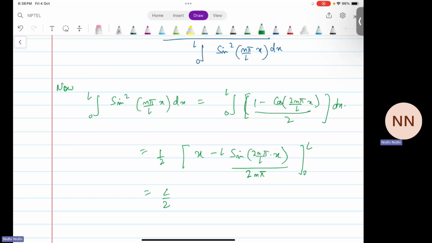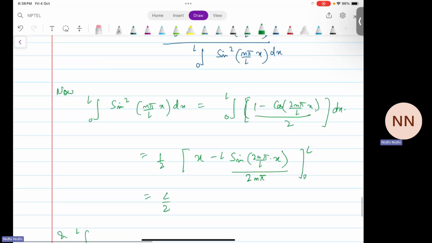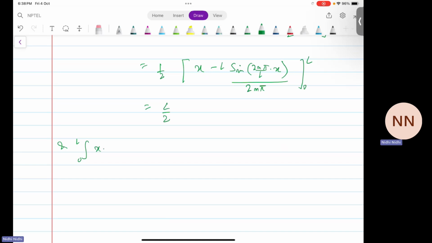And the numerator term, integral from 0 to l, what is in the numerator? x times sine n pi by l x, x sine n pi by l x dx. Here we'll be using integration by parts.